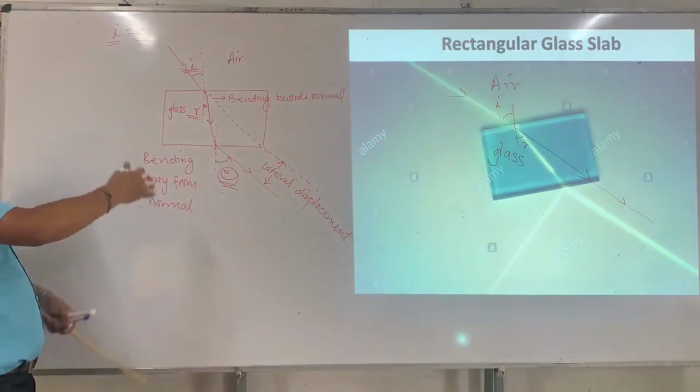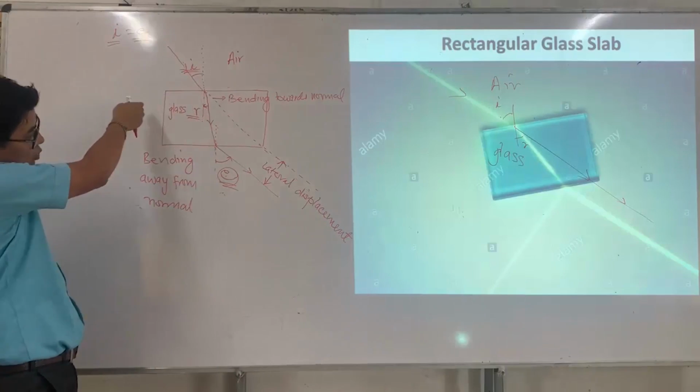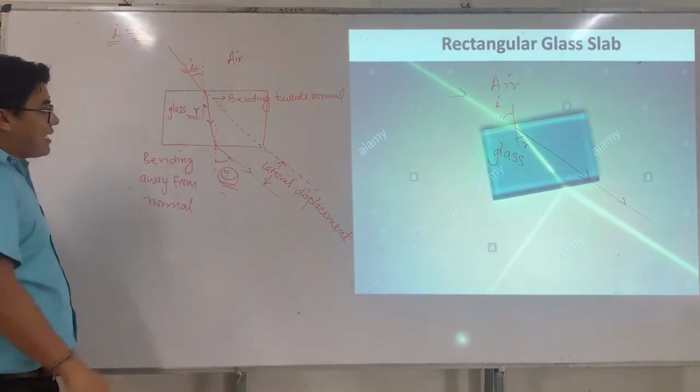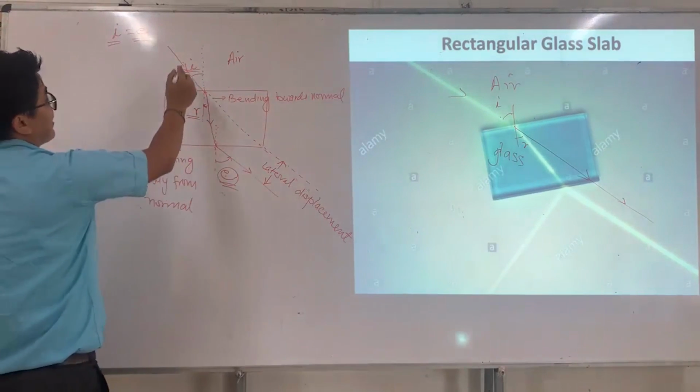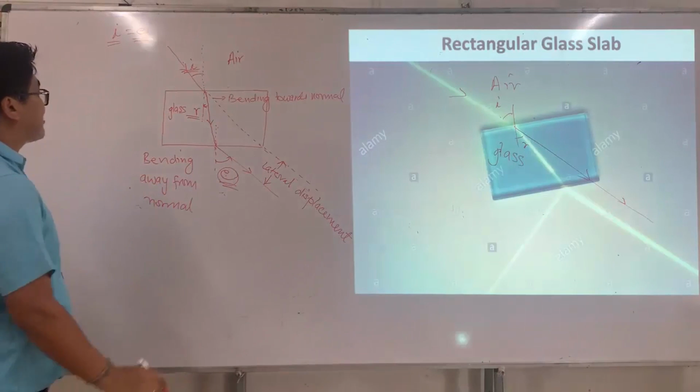So what is the net bending? Zero. If it bends toward this side, it bends toward that side. So they cancel each other. Hence, i must be equal to e.